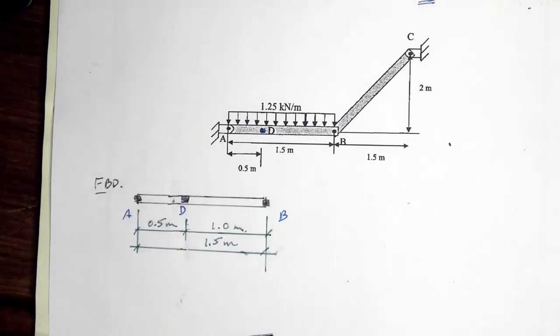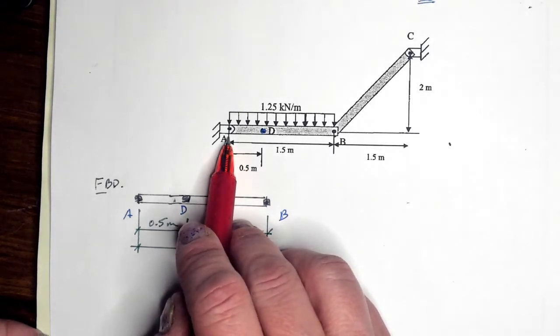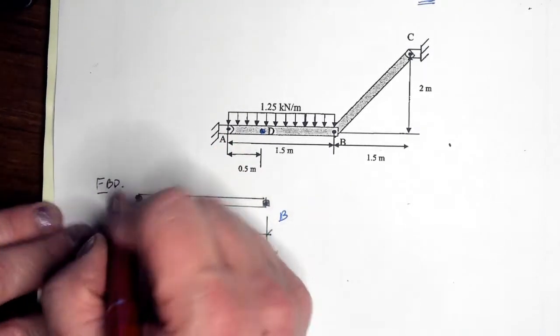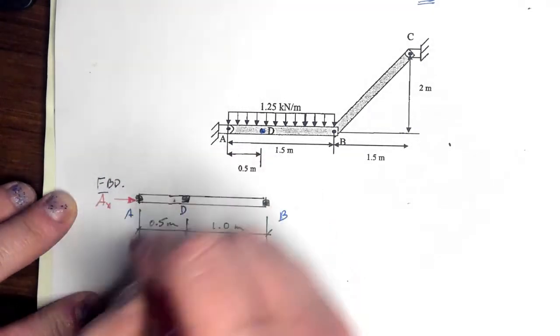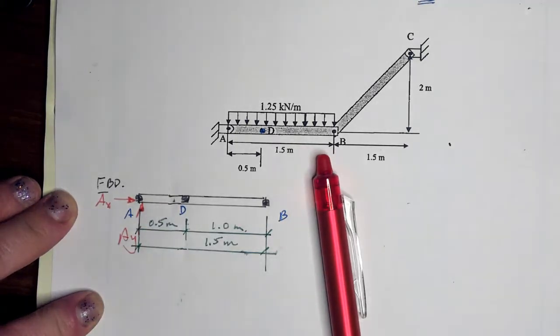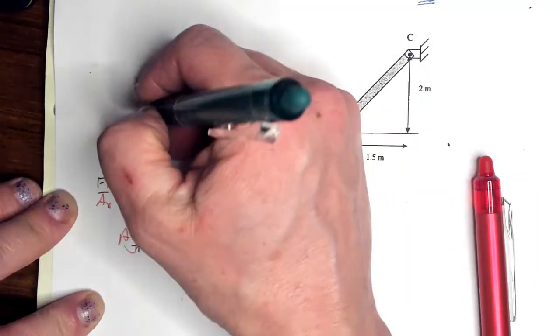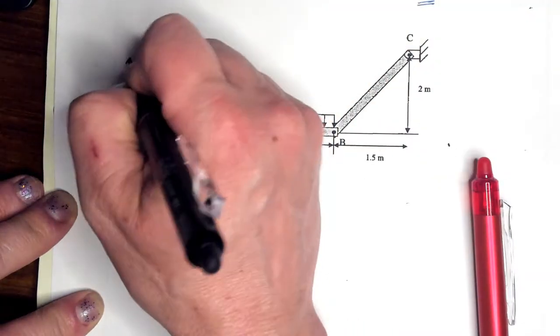Now let's put our forces on it. We're going to remove the pin, and we will model it with 2 forces, AY and AX. Right? We have a coordinate system that we're going to designate our standard one.